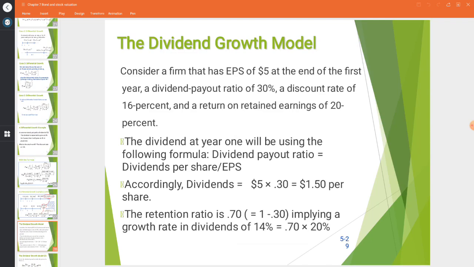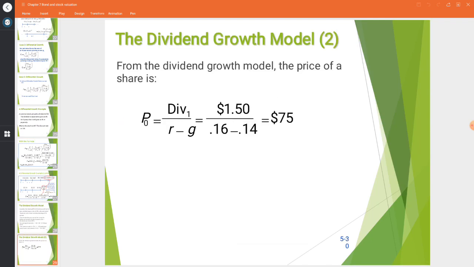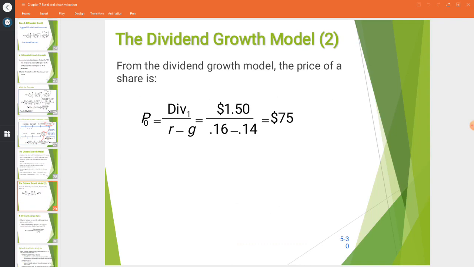In this dividend growth model, it's assumed that the BV of a specific stock is the dividends at the end of the first year divided by R minus G, and this is one of the very famous models used in estimating the market price of a specific stock.